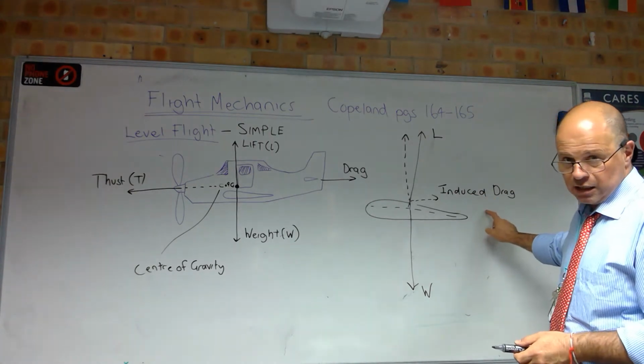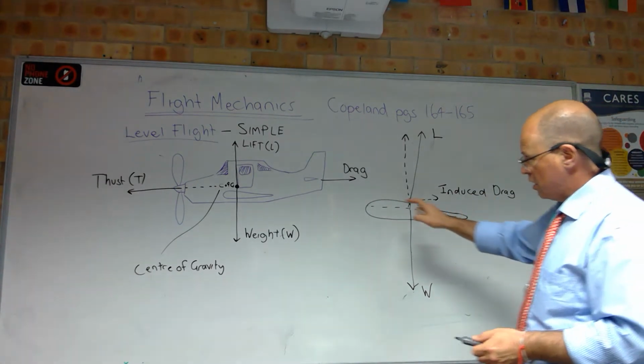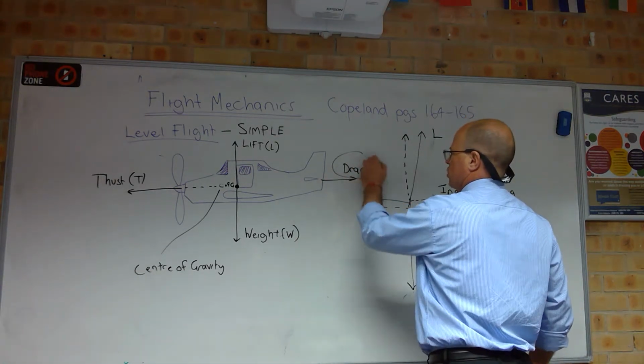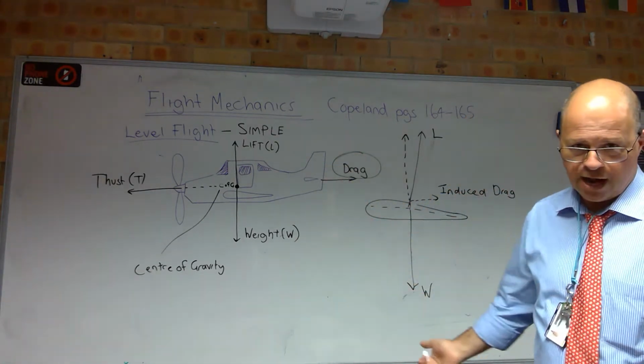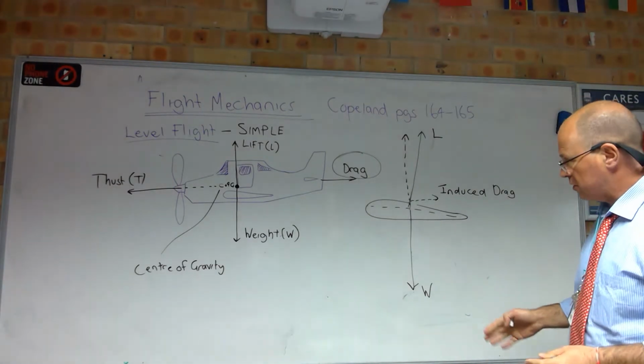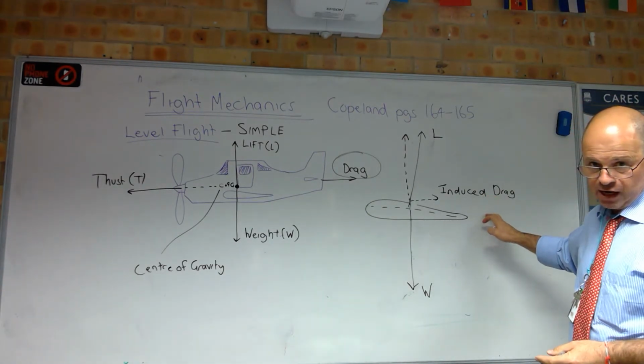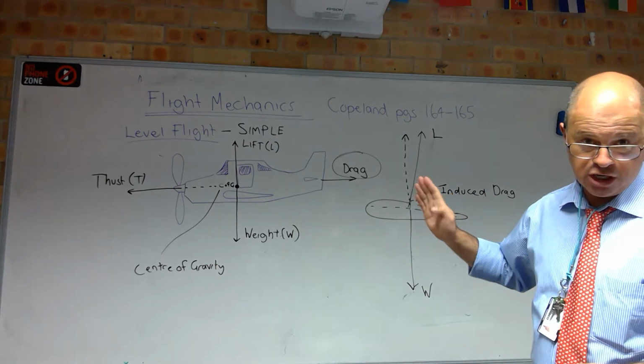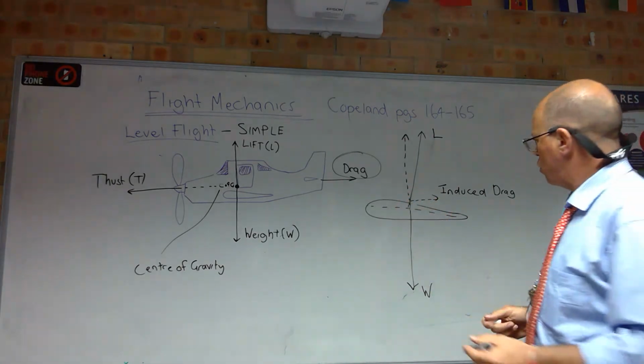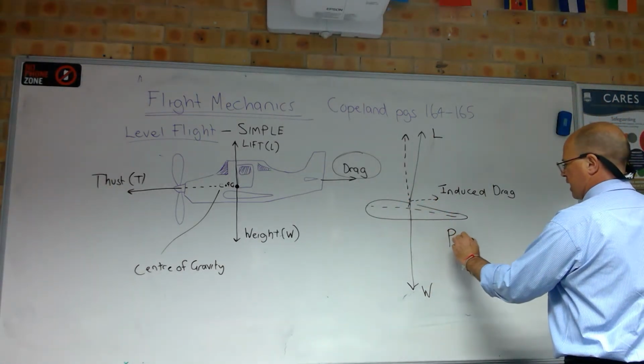So induced drag is one type of drag that you're going to have, but this term here, drag, they just said one word, drag, but it's actually a sum of both the induced drag, which results from the generation of lift, and a thing called parasitic drag.